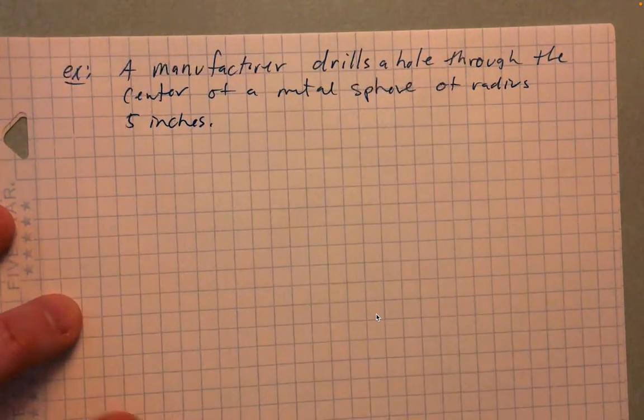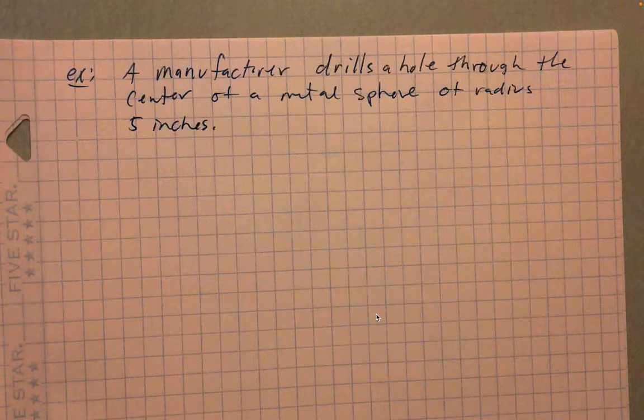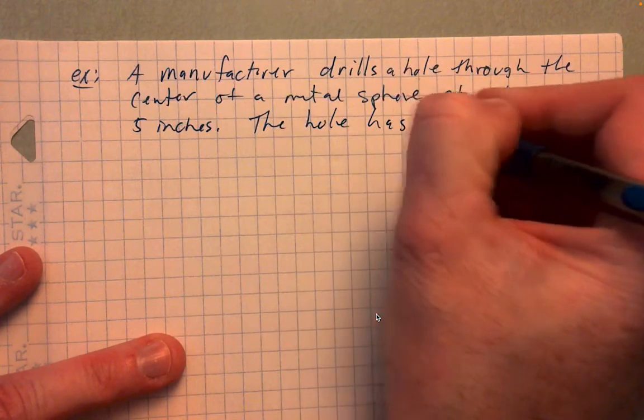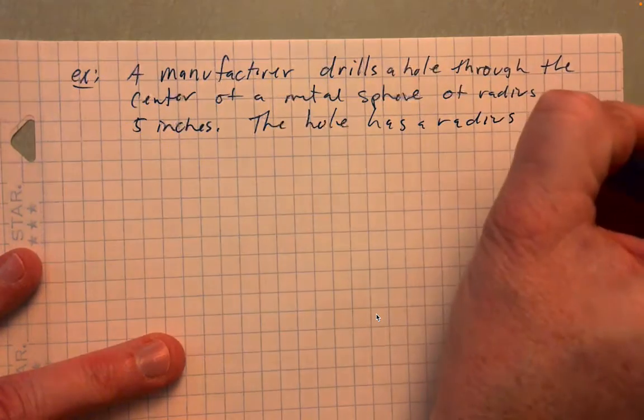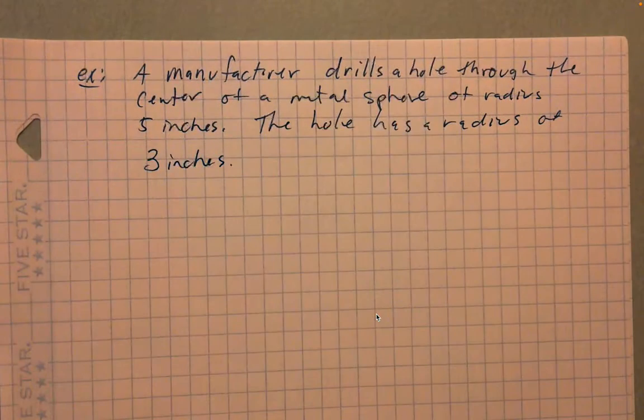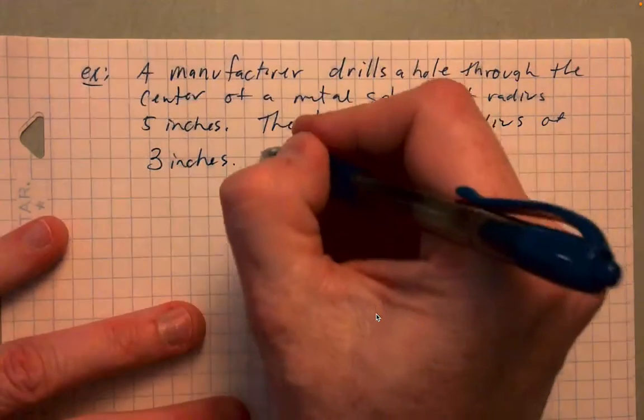Okay, so you get some metal sphere of radius 5 inches, and this manufacturer drills a hole through the center of the sphere. The hole has a radius of 3 inches. Okay, and then the question is, what's the volume of the resulting ring?